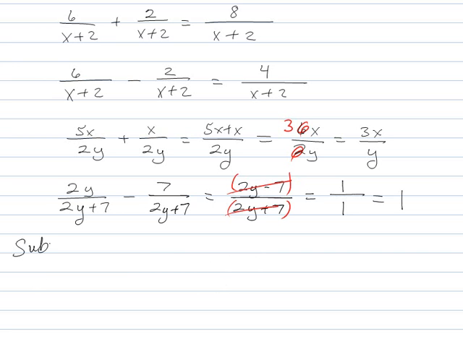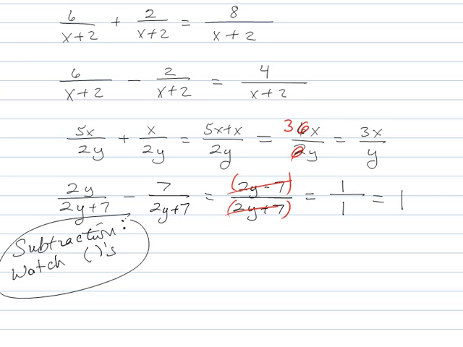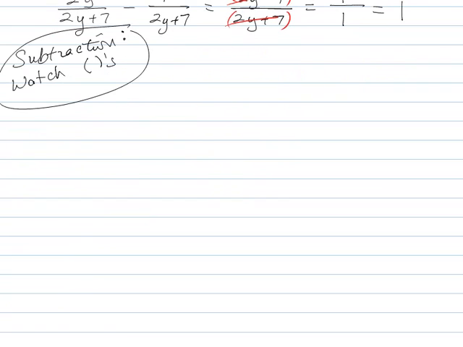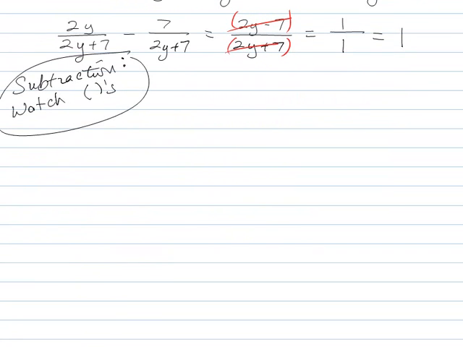Now when you're doing subtraction, it's important to watch your parentheses. So for example, in this problem here it didn't matter because it was just minus 7. But if I had something slightly different, say I had this, all right, so there's my minus sign.